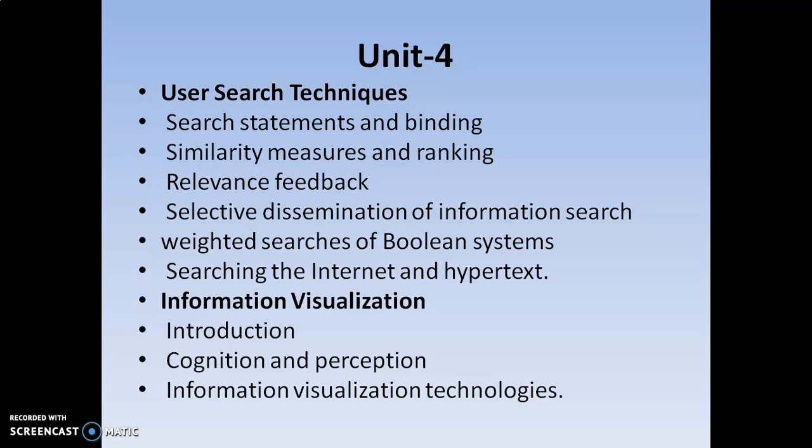Now coming to information visualization, we have the concepts called introduction, cognition and perception, and information visualization technologies. These are the topics to be covered from the subsections of unit number 4.